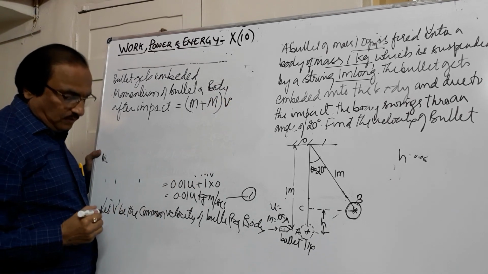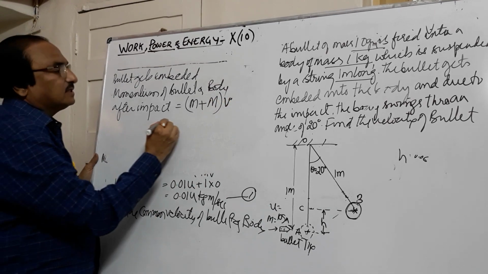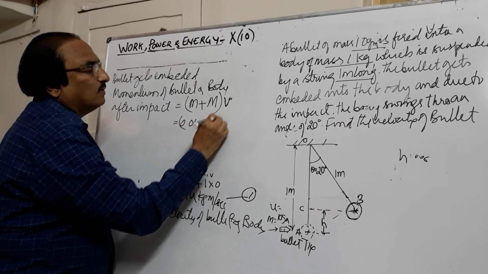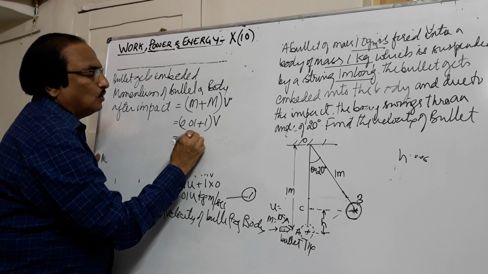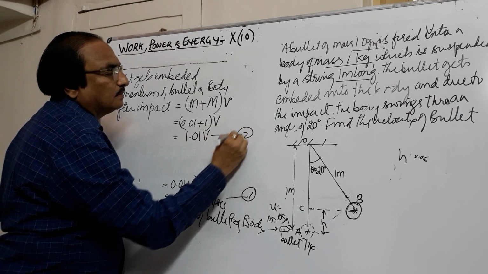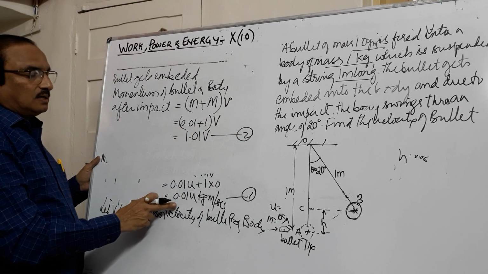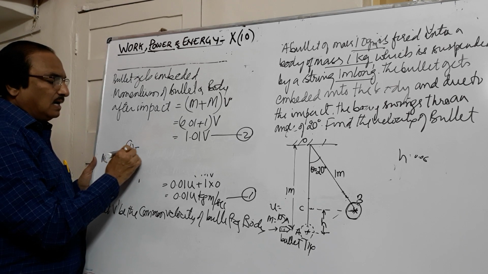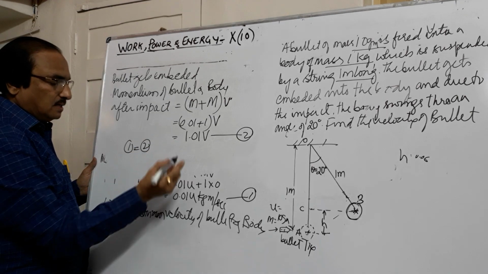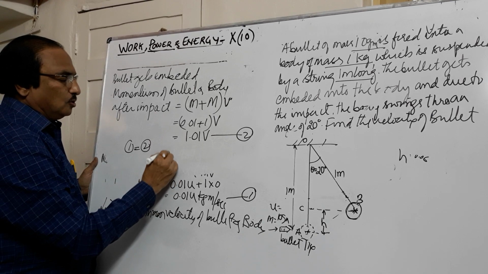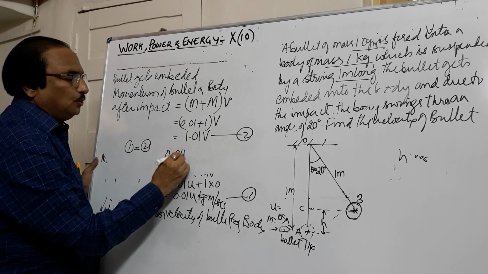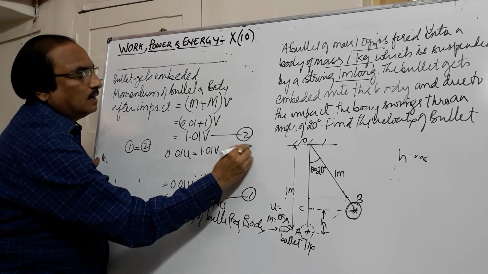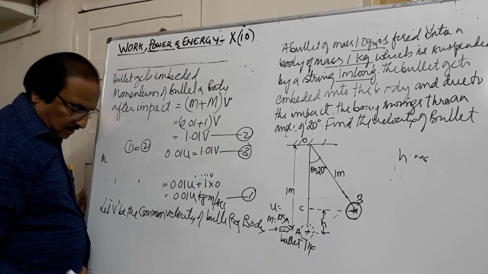Substituting, 0.01 plus 1 into the common velocity V, this will be 1.01 V. This is the momentum before impact, and this is the momentum after impact. Equating 1 and 2, you get 0.01 u is equal to 1.01 V. Let us call this relation 3.